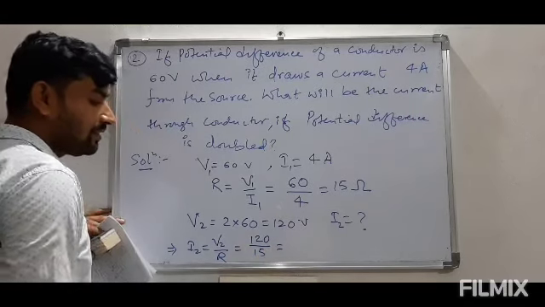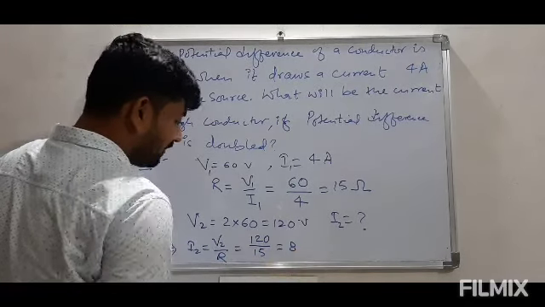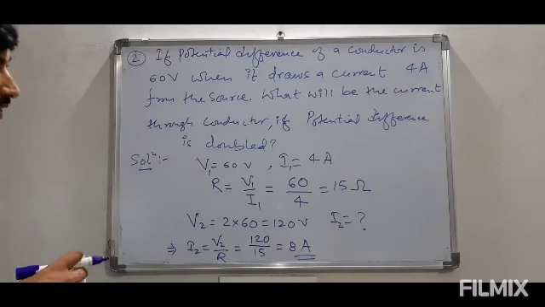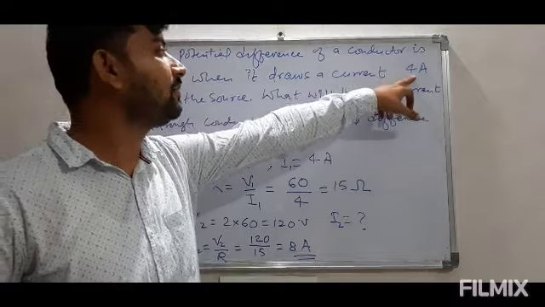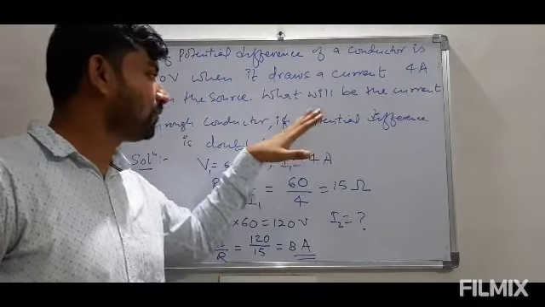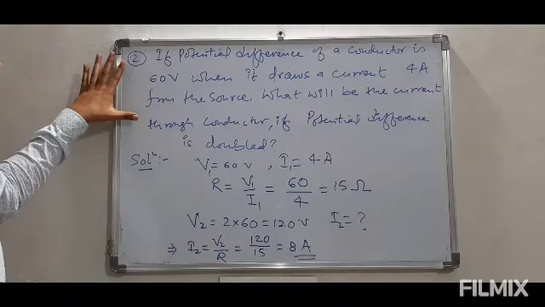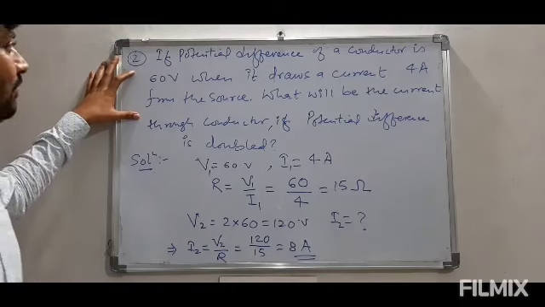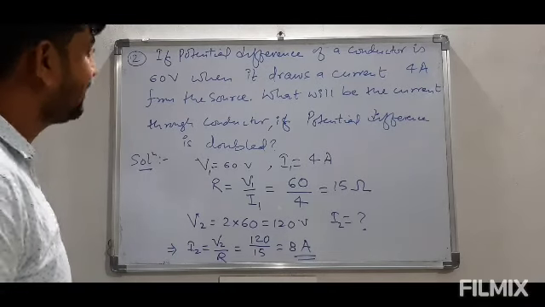So if we divide it, we will be getting 8 ampere. So as I told you, it will become 2 times, as we are just doubling the potential difference. So in this problem, the main Ohm's law is being verified. I am repeating it again.